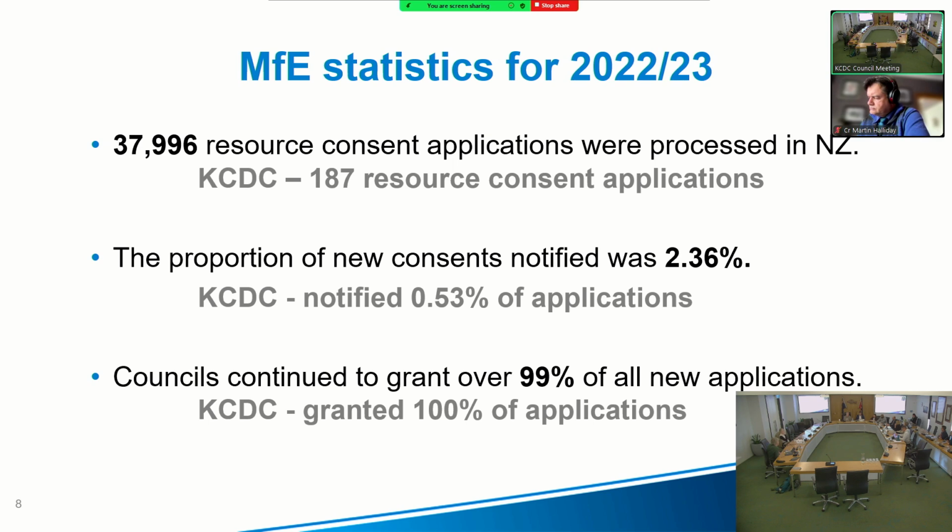And under the RMA, there's very limited ability for us to move anything off hold. Once it's put on hold, essentially it can be on hold for years. We've got some applications dating back to 2016 still in the system just because they're on hold, and there's no ability to change that unless they withdraw.